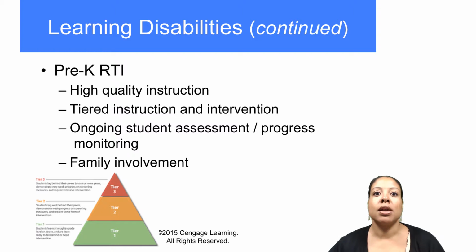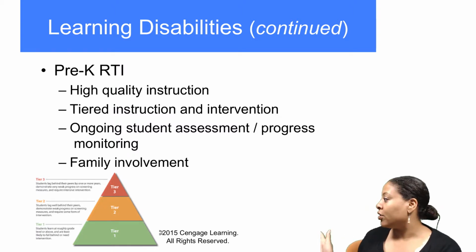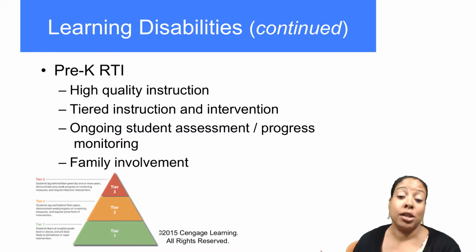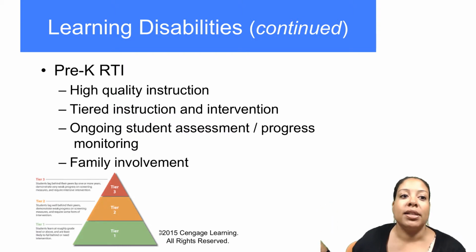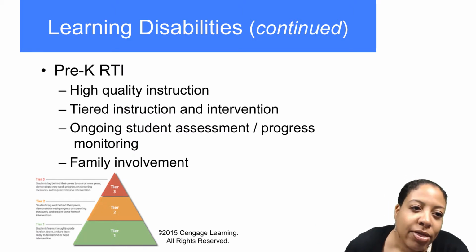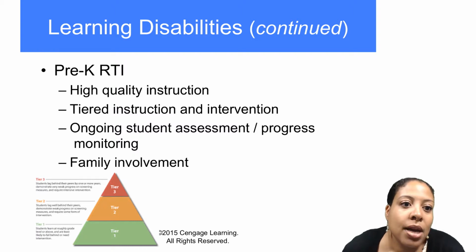So if you notice on the tiers, we have the lower tier. This is where the teacher is addressing the needs of the majority of the students in the classroom using differentiated instruction. And then the students who aren't quite getting it would be in tier 2. So these are students who lag behind their peers and demonstrate weak progress on screening measures and require some form of intervention.